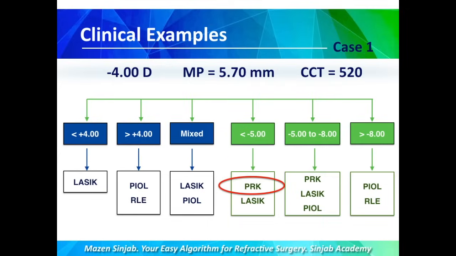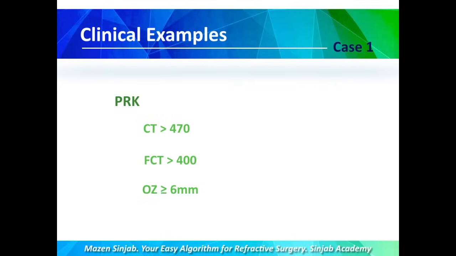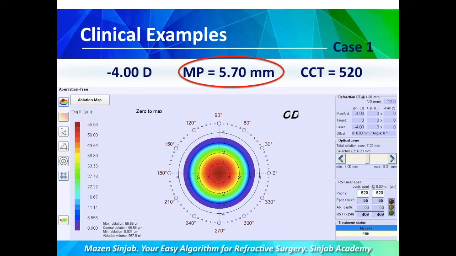Starting with the PRK, there are 3 conditions to go for PRK. The pre-op corneal thickness should be at least 470. The final corneal thickness after the operation should be at least 400 microns, and the optical zone should be at least 6 millimeters.